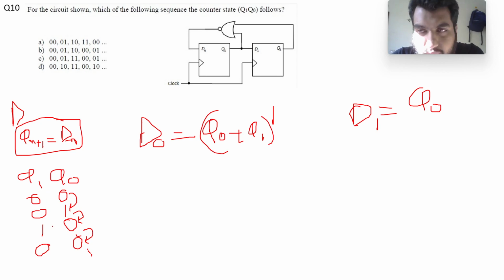The number of states is 4, so it's a mod 4 counter, and the state transitions are 0 0, 0 1, 1 0, and 0 0, then 0 1, because it will follow the same sequence. So option B is the right answer. After 0 0 it will have 0 1, after 0 1 it will have 1 0, then 0 0. So this is my correct answer, option B.